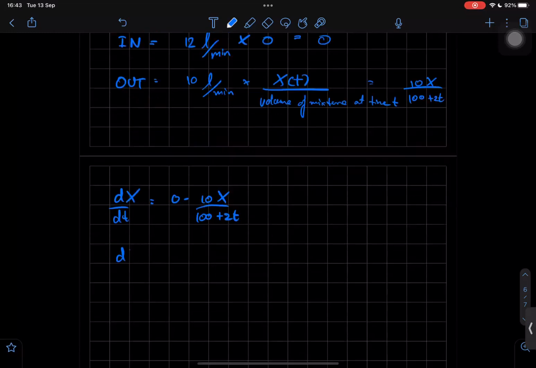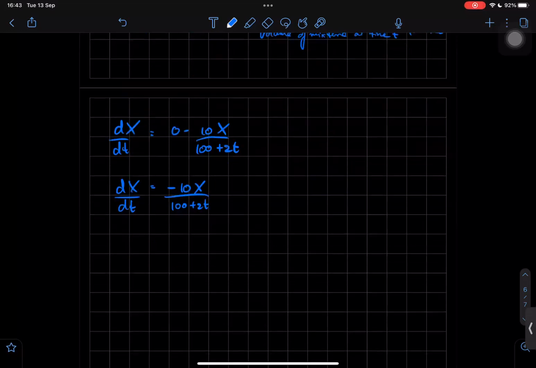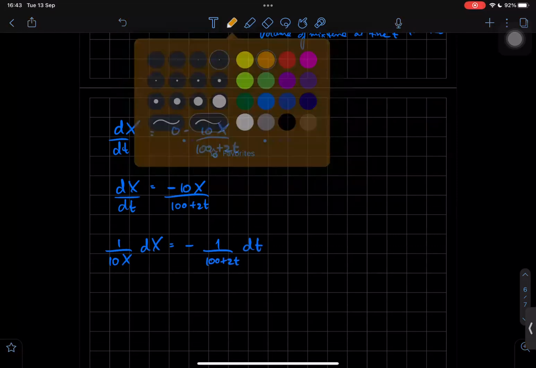This thing will equal minus 10x over 100 plus 2t, and then we integrate.